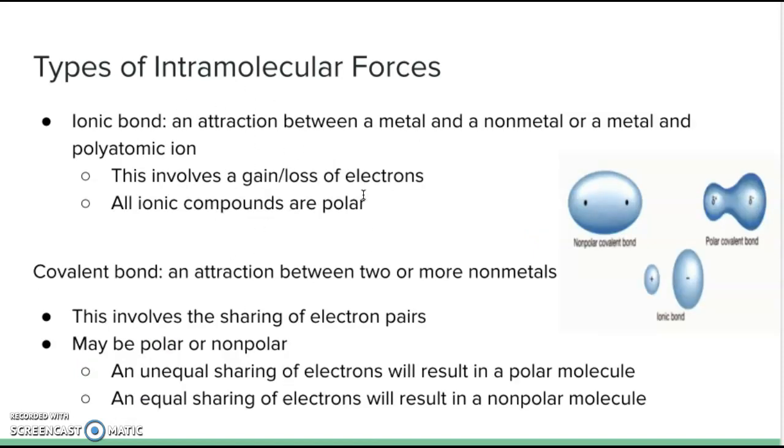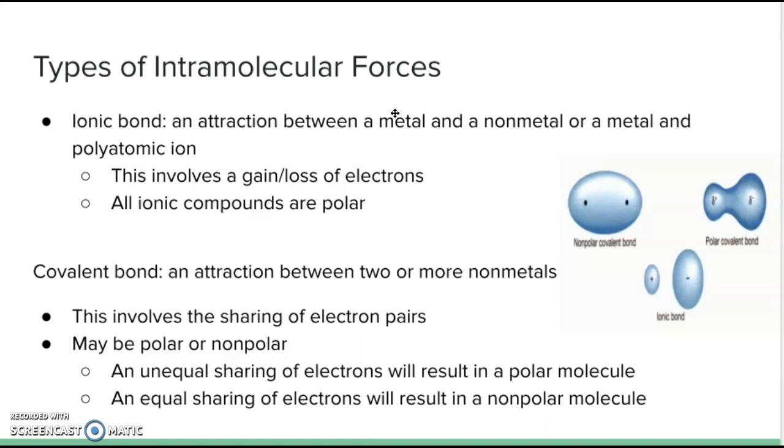We already know that we have these two types. We have an ionic bond, which is between a metal and a nonmetal, or polyatomic ion, depending. We know that it gains or loses electrons, it's completely transferred, and that we have polar bonds because they're positive and negative. Covalent bonds, we know, are an attraction between two or more nonmetals.